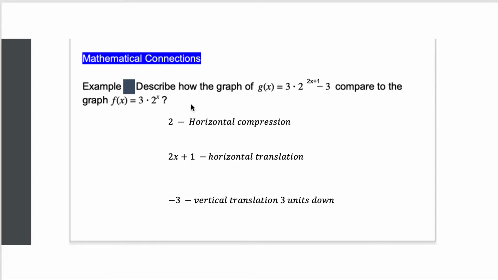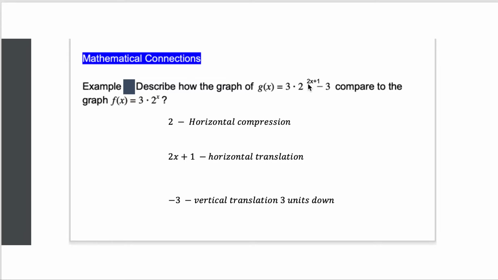Now they are the same, so the function g of x doesn't experience any vertical stretch or compression. But if we are looking here, we have a 2x, and here we have a 2, the base is the same, 2. But what's happening here with the exponent, here I have x, here 2x.